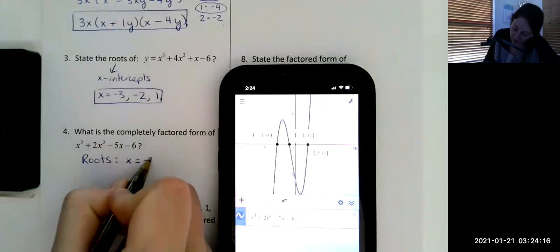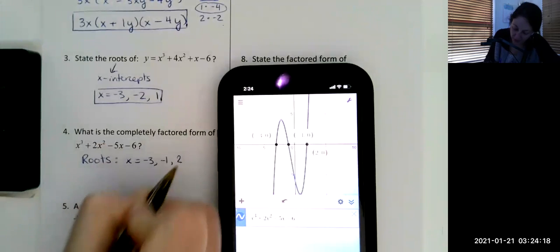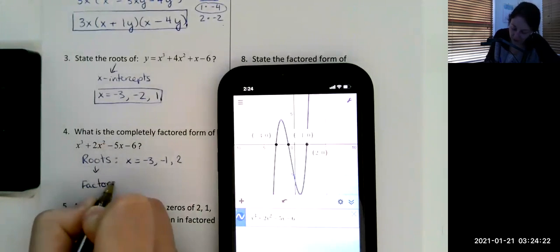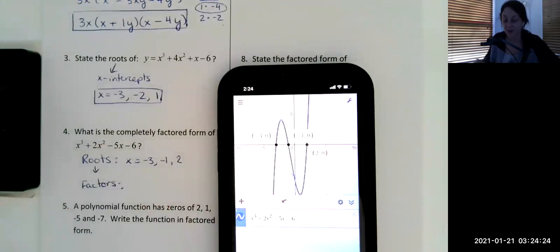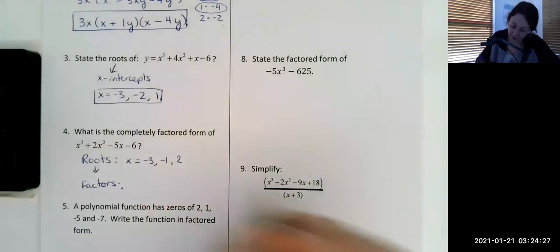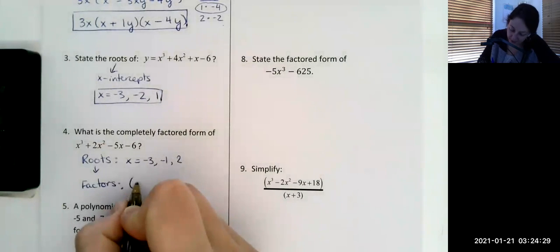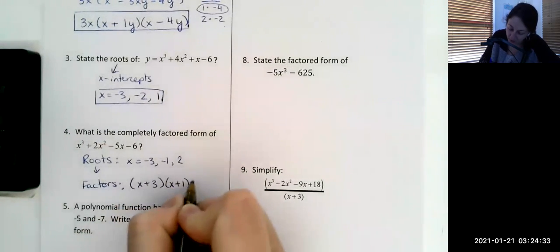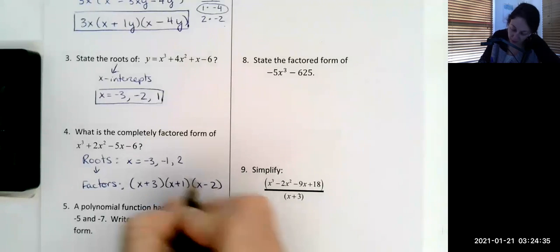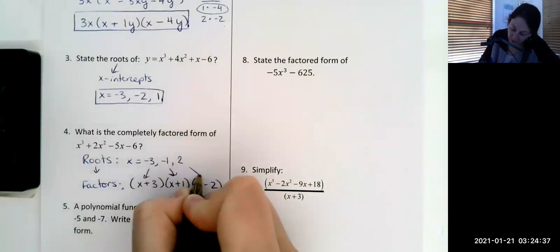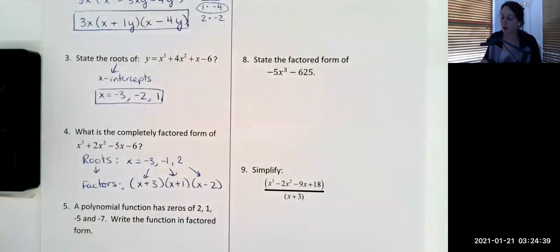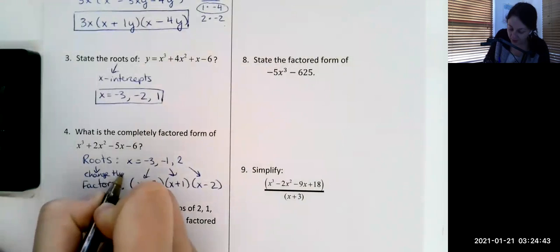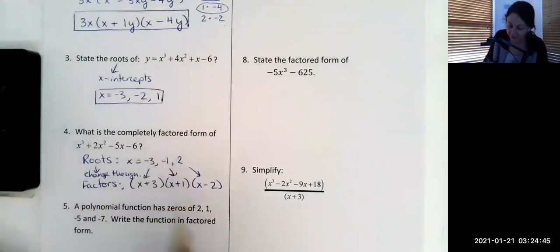The roots are -3, -1, and 2. And then you can take those roots and turn them into your factors. So we can say x plus 3, x plus 1, and x minus 2. When it comes to roots versus factors, all that you got to do is change the sign.